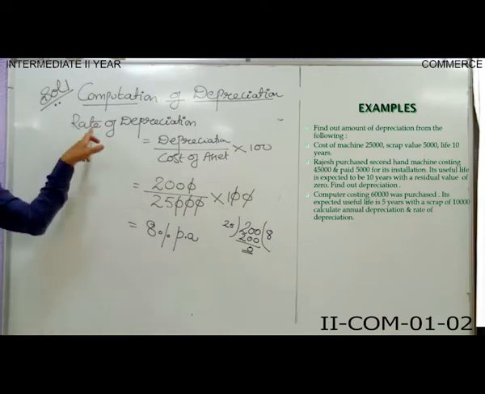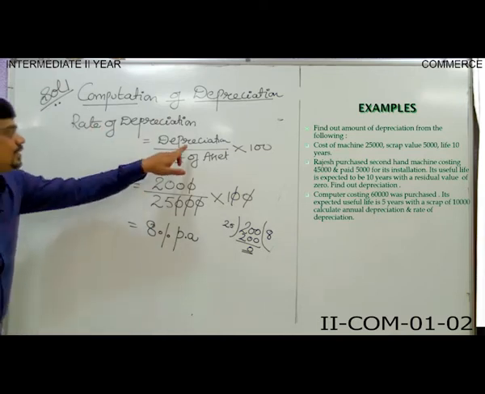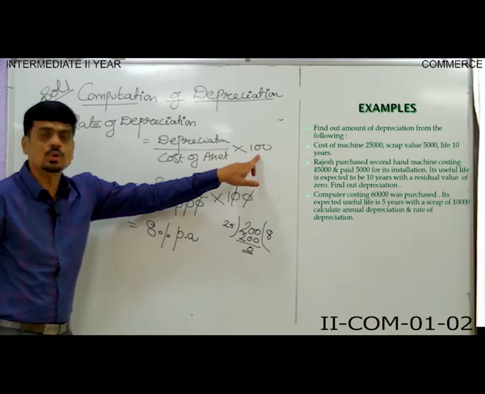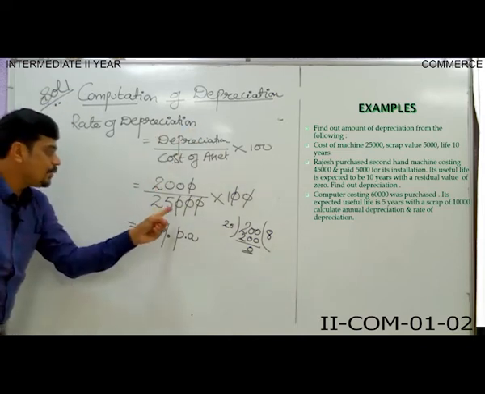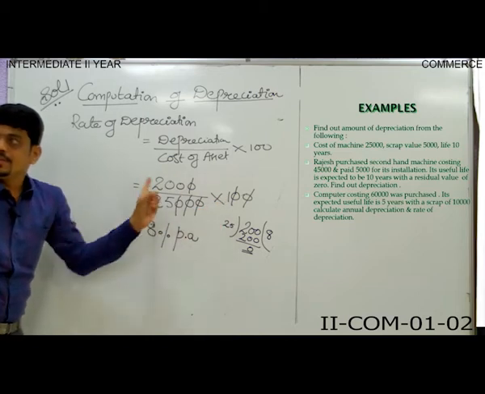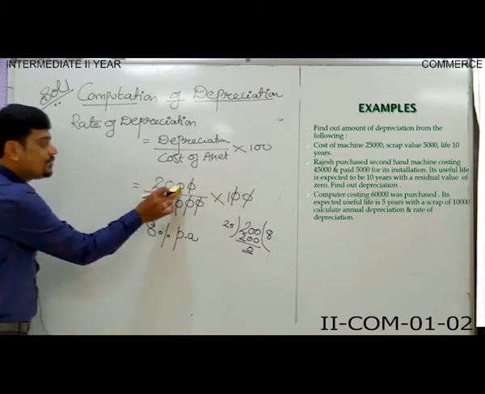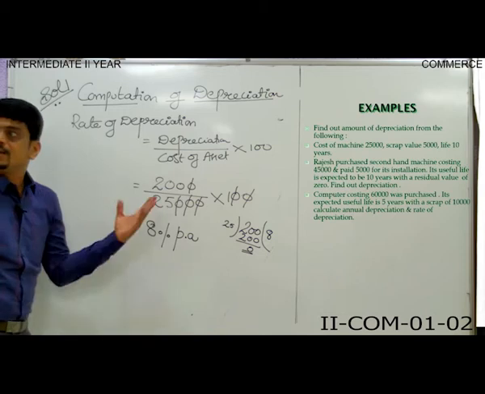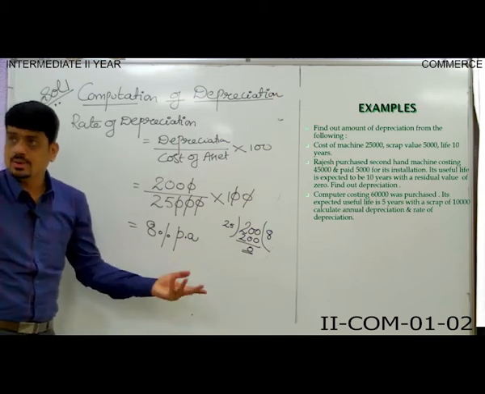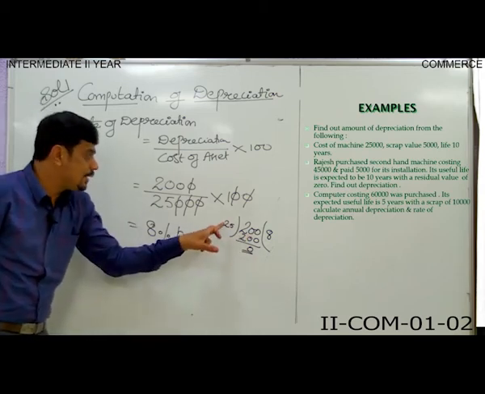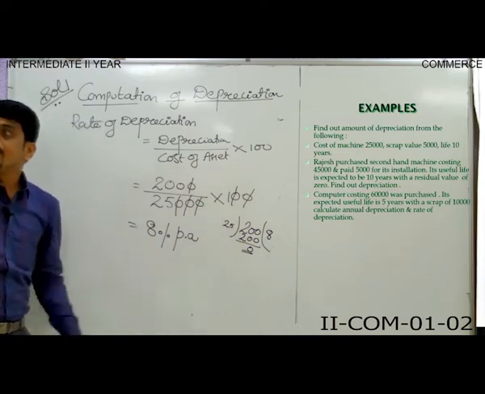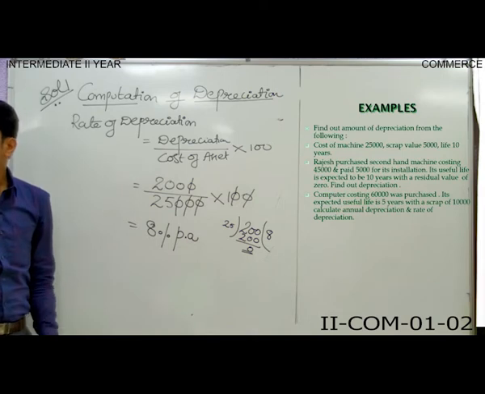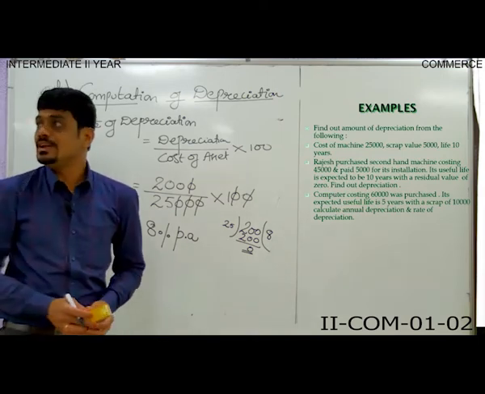Again, rate of depreciation: depreciation divided by cost into 100. 2,000 divided by 25,000 into 100. Simplifying, we are left with 2 by 25. Directly, if you know the tables, well and good. If not, 200 divided by 25. 25 8s are 200. So we get 8%. Is it clear?